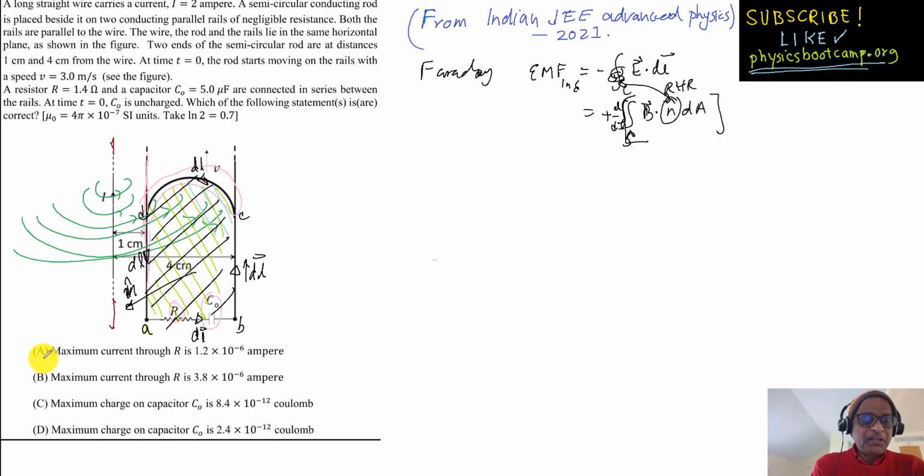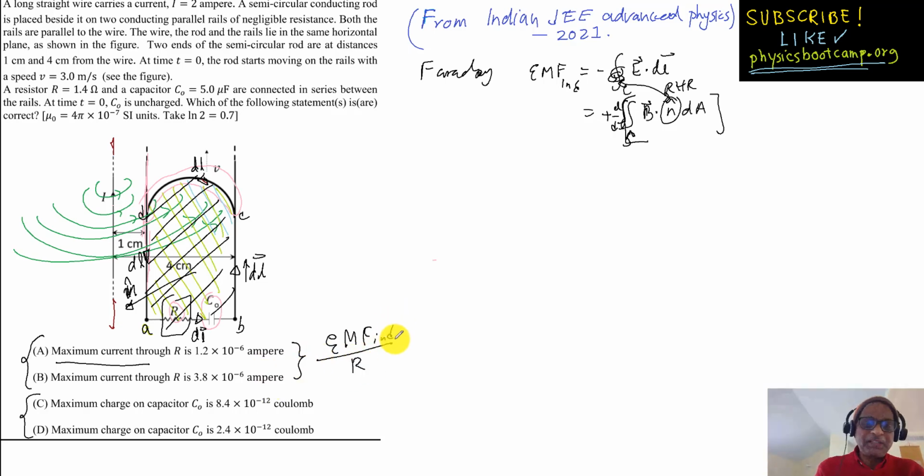Okay, so given these numerical values, we're supposed to find the maximum current through R, and the maximum charge on the capacitor. If it were a DC battery and the entire EMF fell across R, then I'd have the maximum current, so that's the entire EMF over R. And if the entire EMF falls across this capacitance, then we'll have the maximum charge on the capacitance.